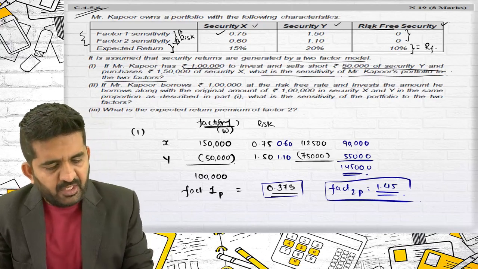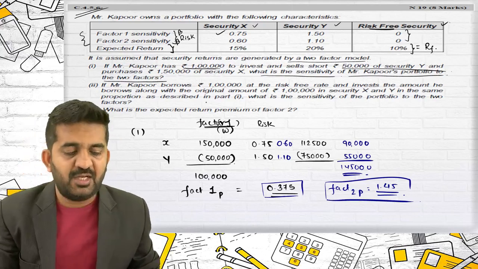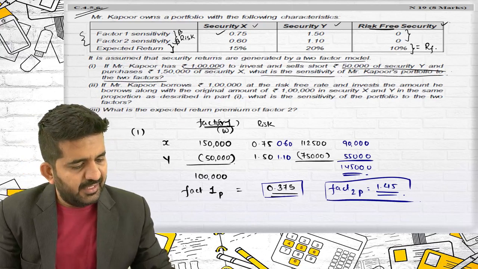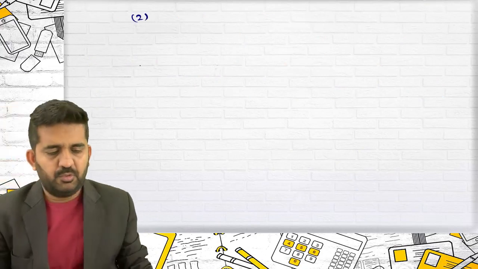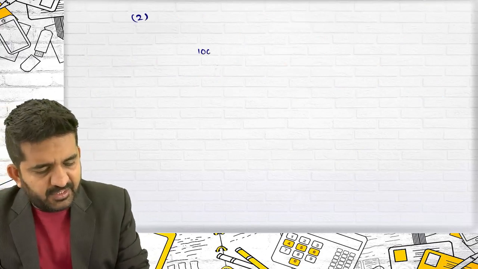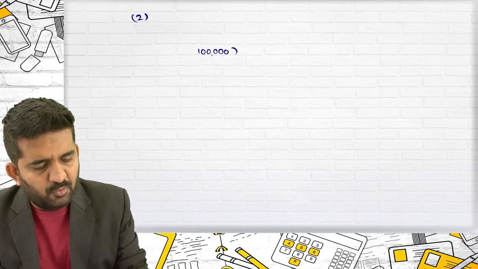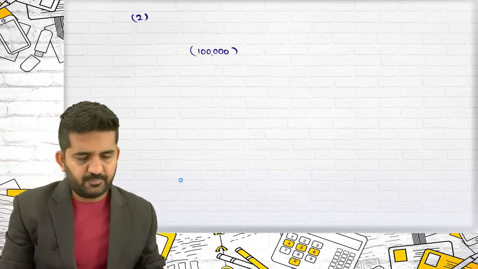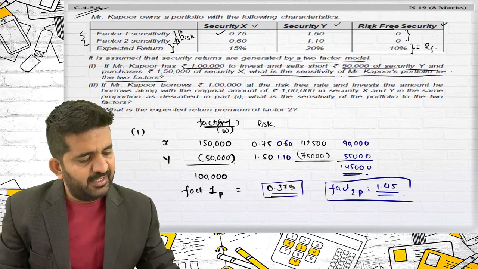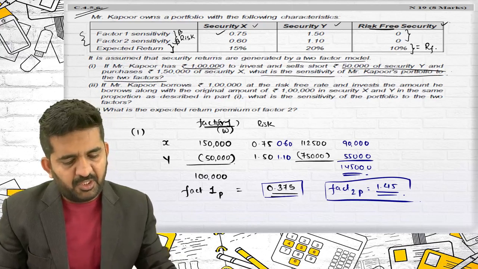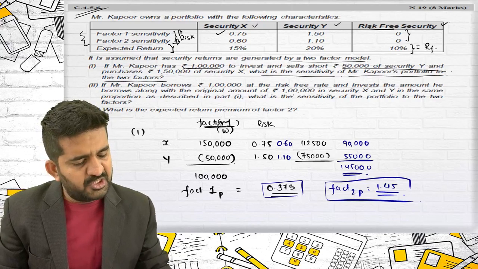Question number 2. If Mr. Kapoor borrows 1 lakh at a risk-free rate, so let me answer question number 2. In risk-free rate, he has borrowed 1 lakh rupees. Borrowed 1 lakh rupees is negative 1 lakh. At a risk-free rate and invests the amount he borrows along with the original amount of 1 lakh.